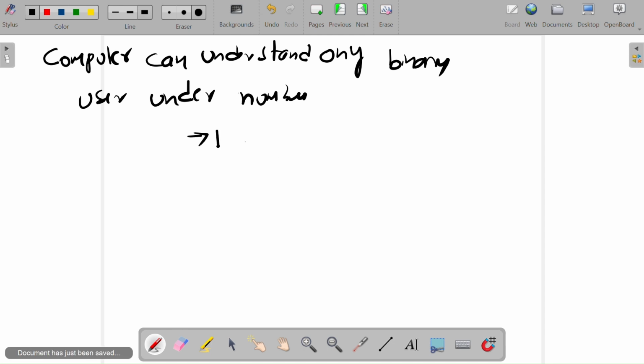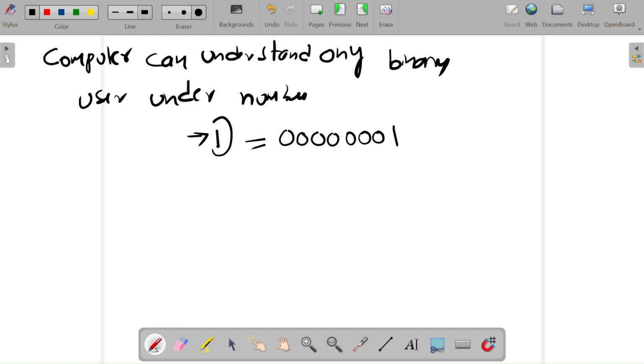How can you represent it in binary? How decimal to binary conversion works, we can discuss in our next class. Let's say 1 is represented in binary like this. So the user understands this language, but the computer understands that language.